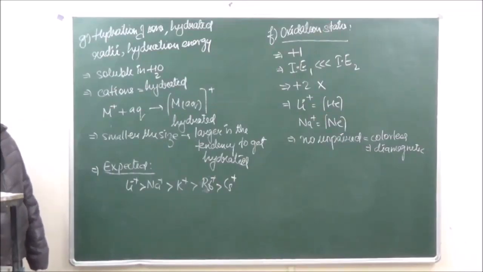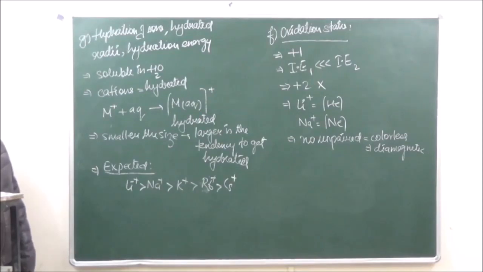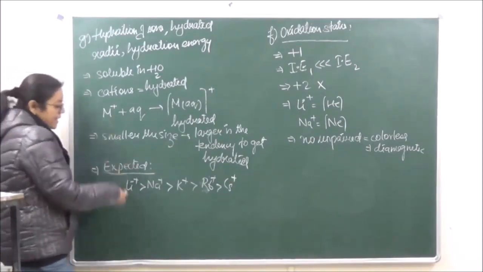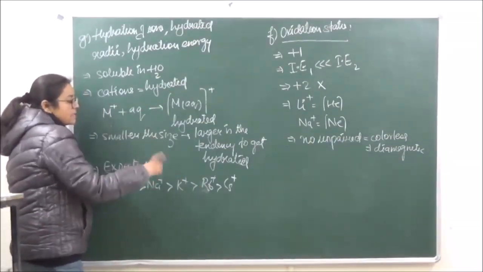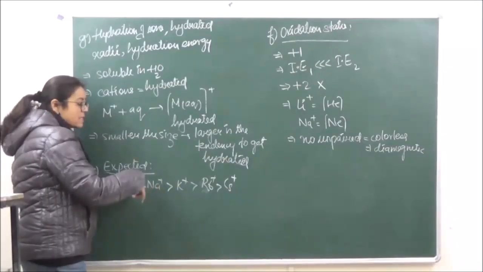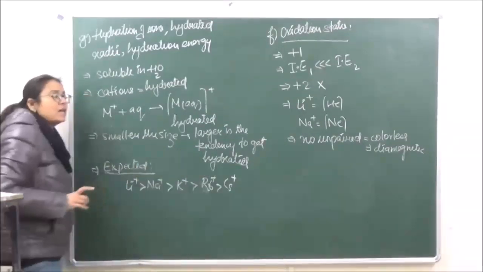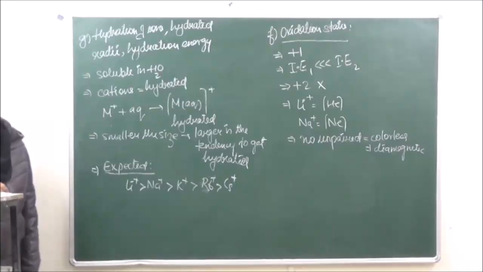In a similar manner, the size of the hydrated ion should also decrease in the same manner, because the size of the cation is going to increase down the group, and its hydration decreases.